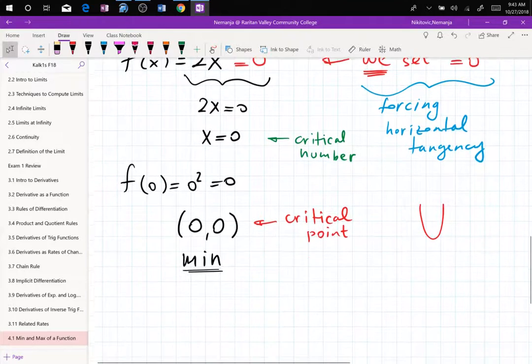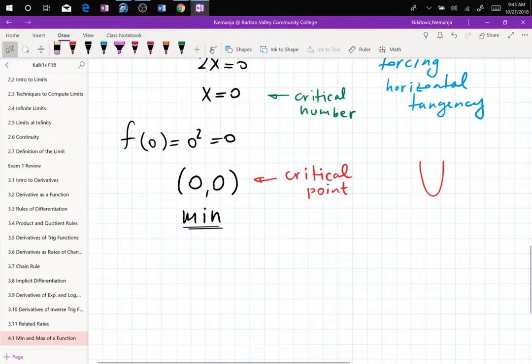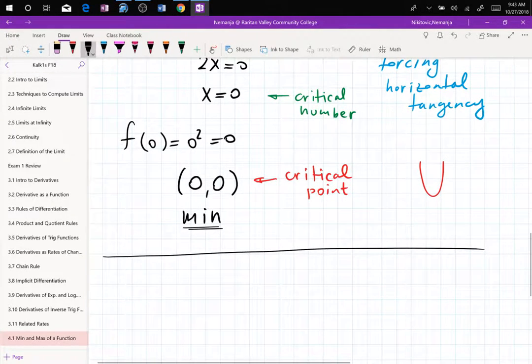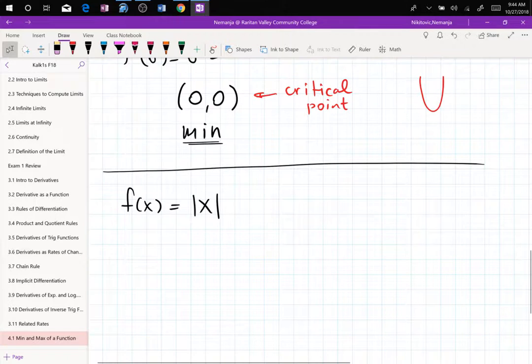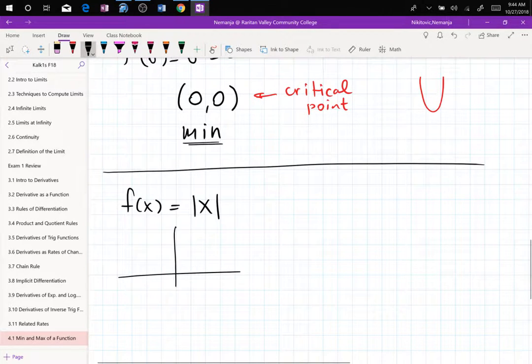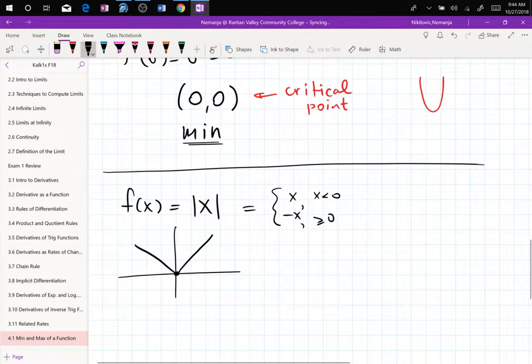What if the derivative doesn't exist? So if I have f of x equals the absolute value of x, well, absolute value of x is defined as x and negative x, with the signs opposite.